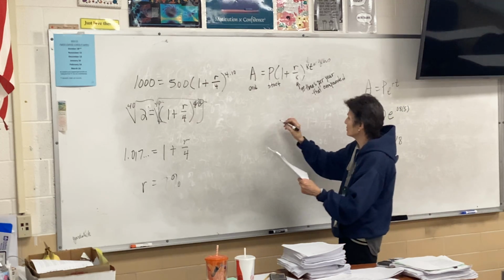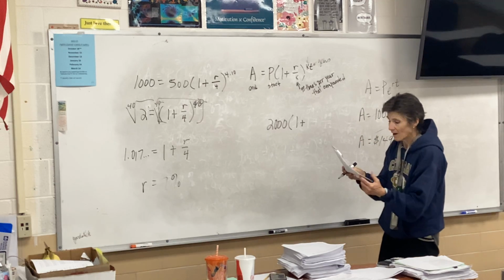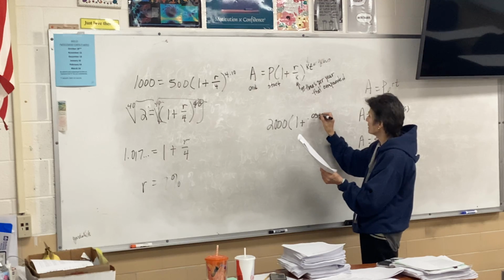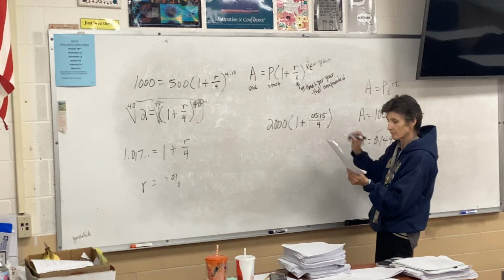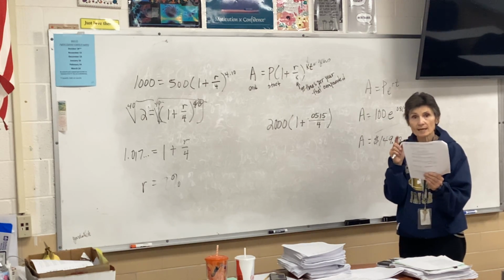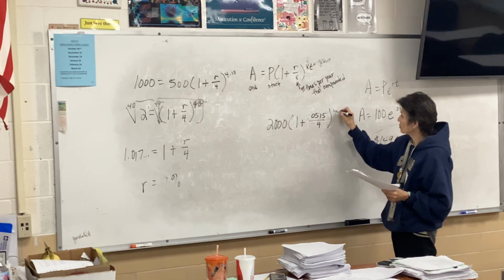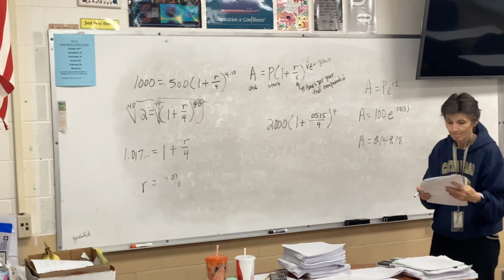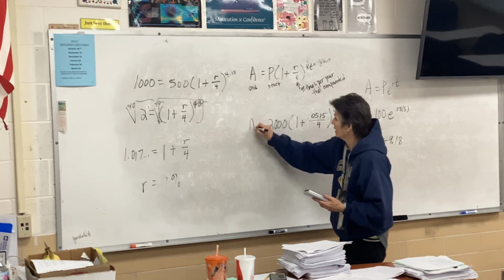So she invests $2,000 at 5.15% interest, so 1 plus 0.0515, compounded quarterly. We're going to let t be 1, so my exponent is just going to be 4.